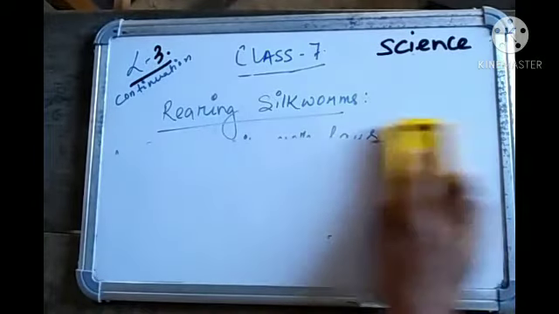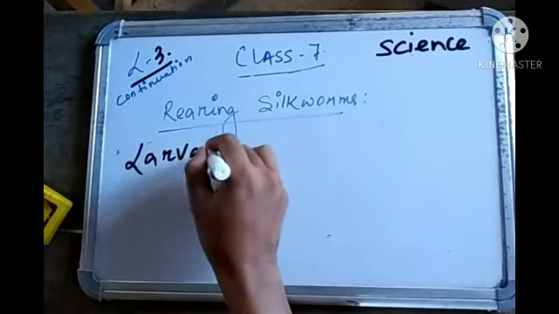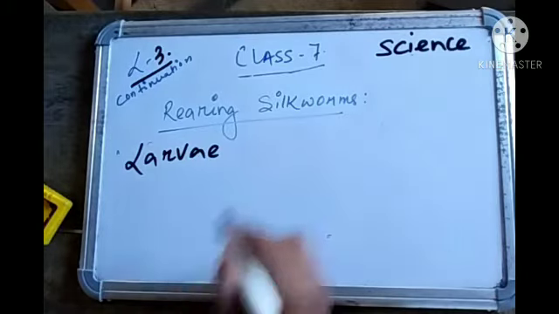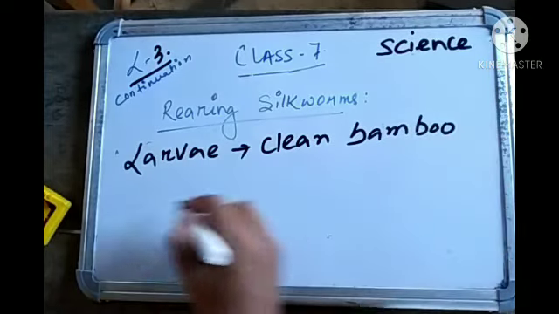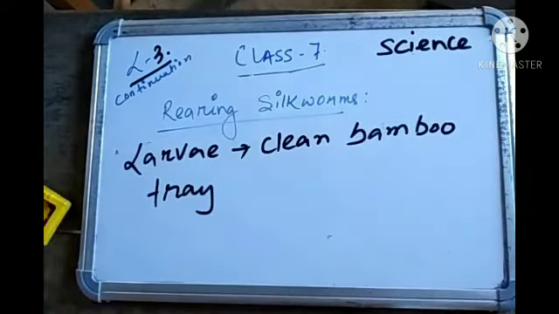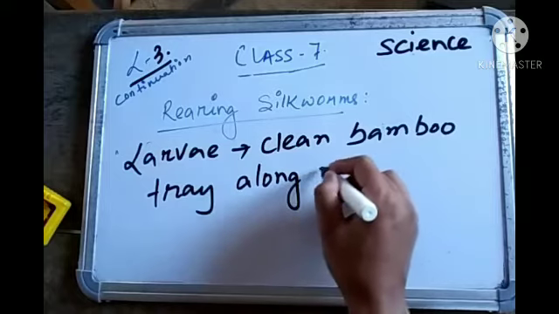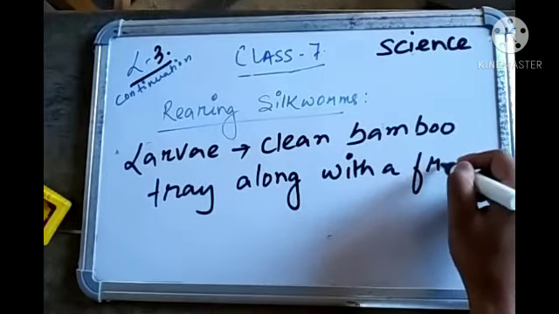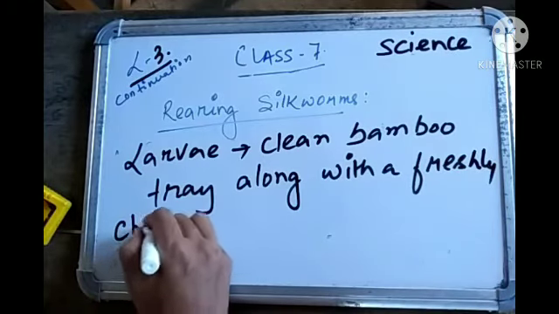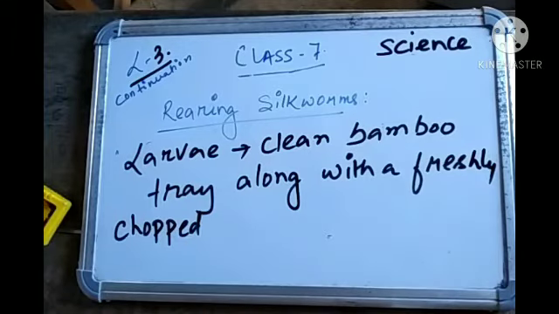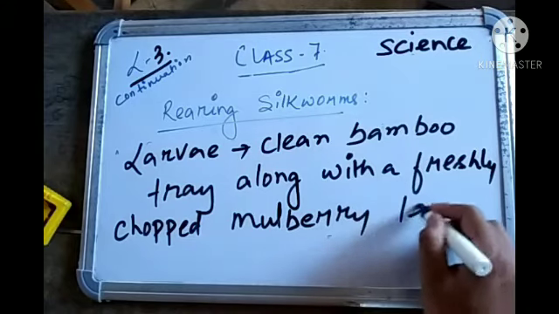So after getting larva, the larvae are kept in a clean bamboo tray along with freshly chopped mulberry leaves.